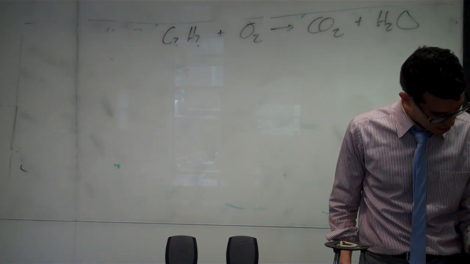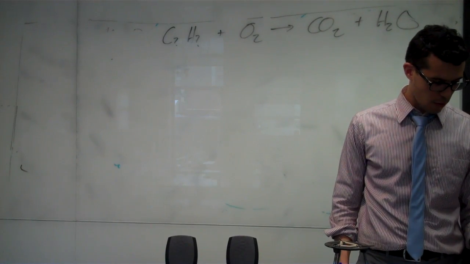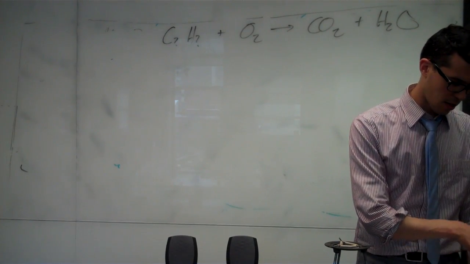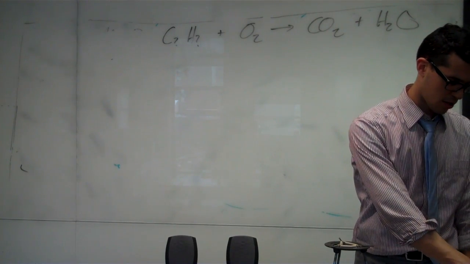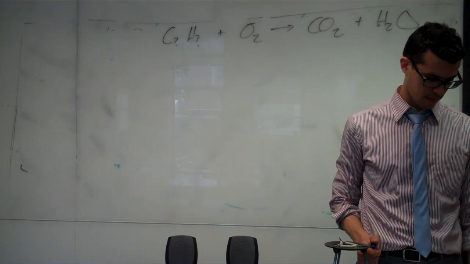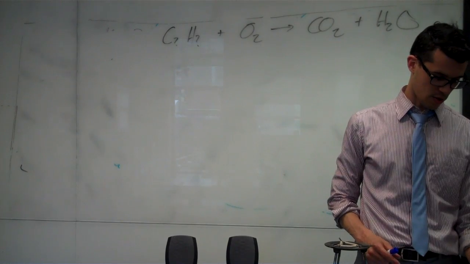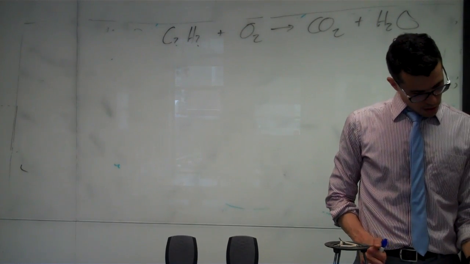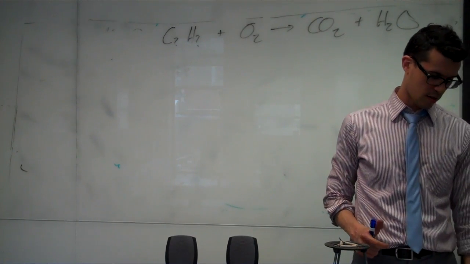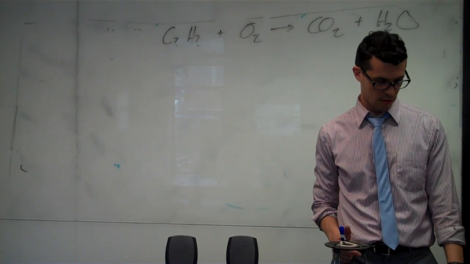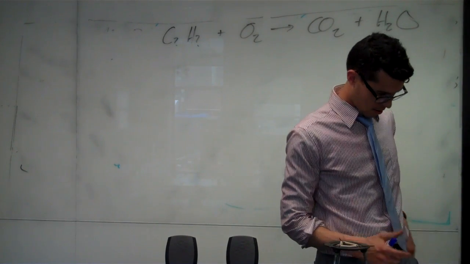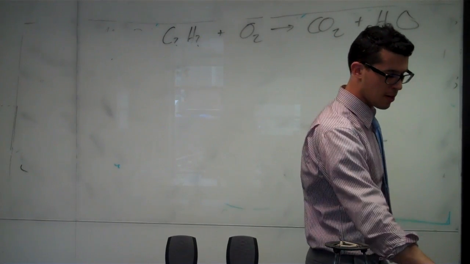So you get the product moles of the limiting reactant, then you turn it into the moles of the excess reactant by multiplying by the ratio in the reaction.